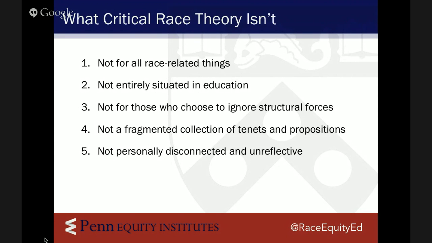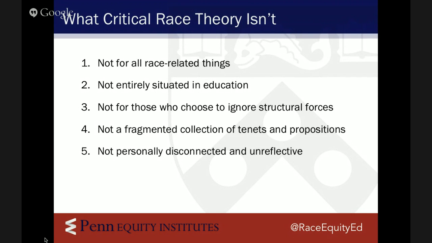Critical race theory is not for those who choose to ignore structural forces, right? Because part of it is very much concerned with laws, policies, structures, and the kinds of structural norms that systematically disadvantage communities of color and individual people of color.